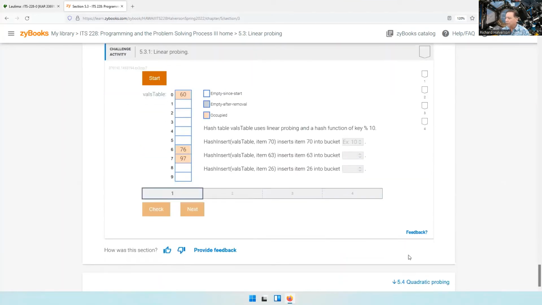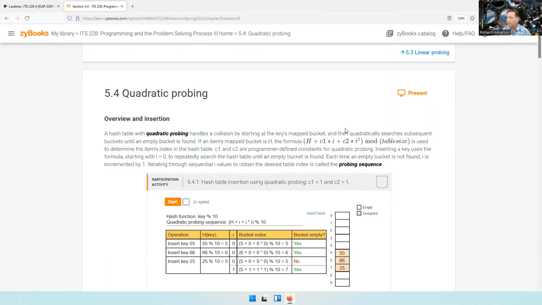All right, so make sure you understand that. Quadratic probing is a little different. It's just more complicated. Instead of just moving on to the next one, the next one is found by way of this formula.